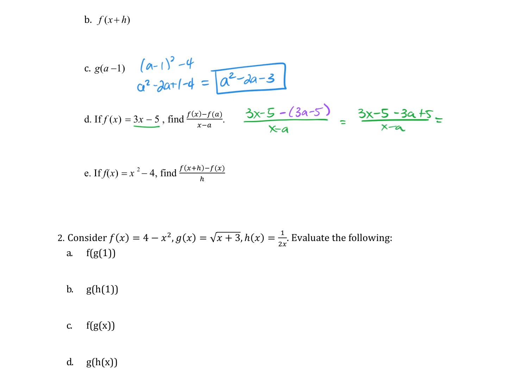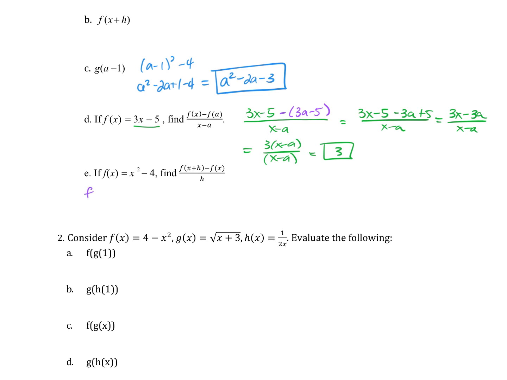Your 5's will cancel. You're left with 3x minus 3a. And then if you factor out the 3 from the top, the x minus a cancels, and you're left with 3. This is something that you're going to need to know how to do if you ever take calculus, so that's why we're going over this.